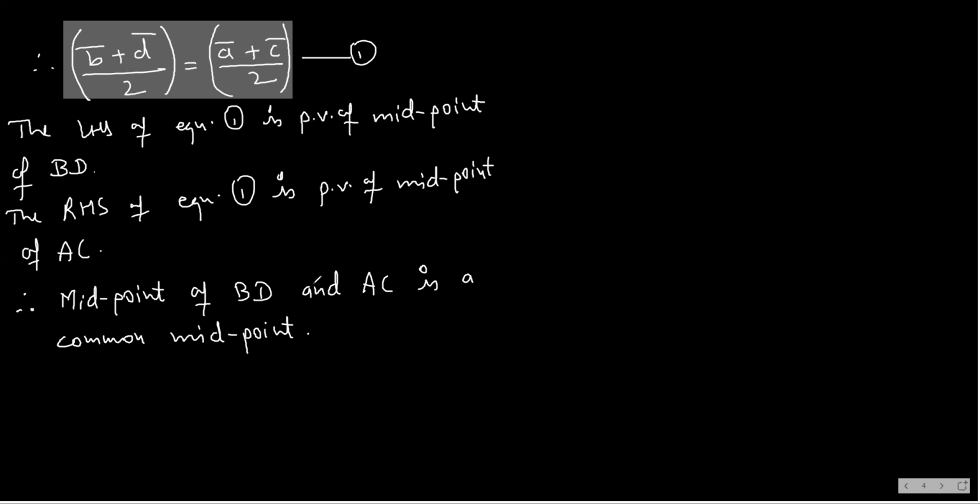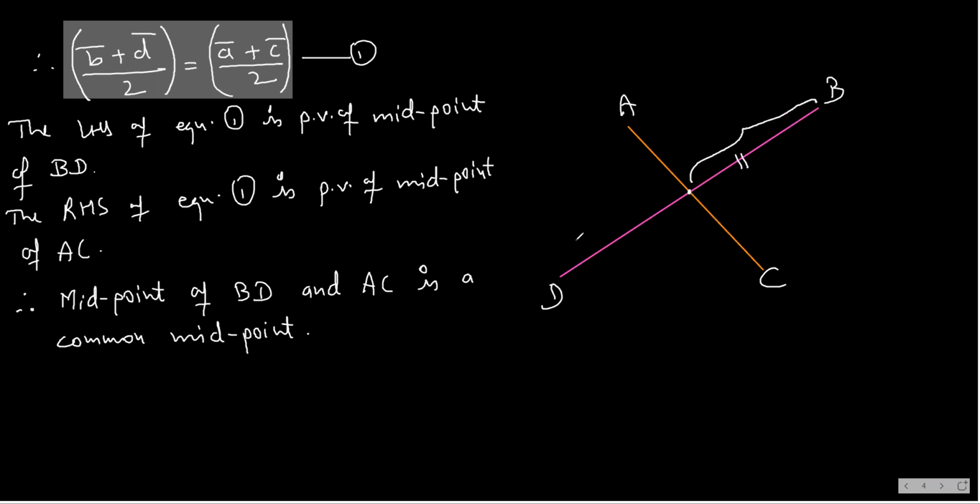Now you tell me, if two segments, let me draw here two segments, if two segments are having the same midpoint, BD and AC, the midpoint of BD is the same as the midpoint of AC.